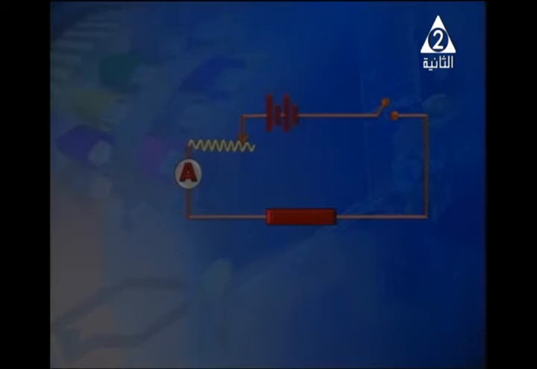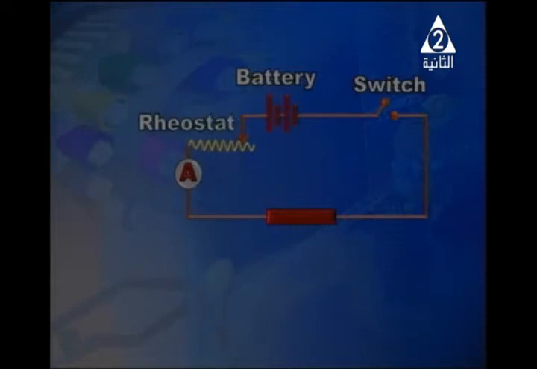In front of you we've got a circuit that consists of a switch, a battery, a rheostat, a meter, and a resistor. The switch controls the circuit, to switch it on or off. The rheostat changes the resistance of the whole circuit, the meter measures the current intensity, and the resistor.